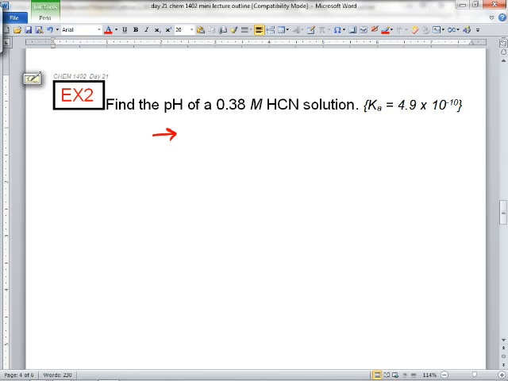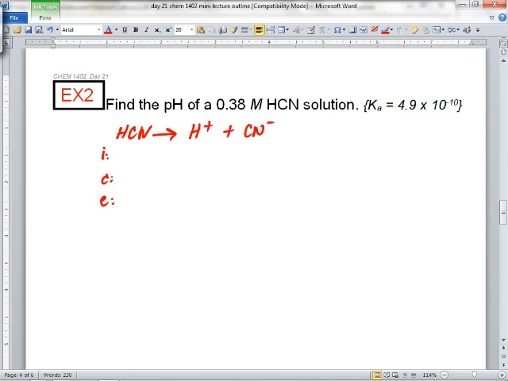So that means we need the reaction. And what reaction are we going to write? Vanessa, what reaction are we going to write? HCN goes to H plus and, perfect, CN minus.